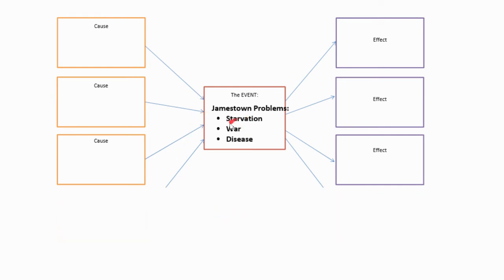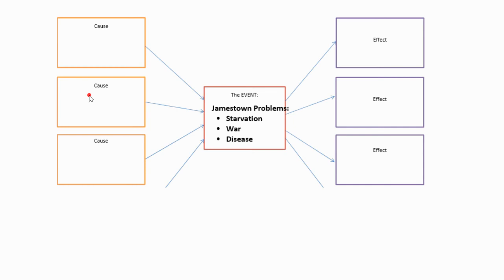And so you should have Jamestown problems, starvation. So, what were the causes? What caused the starvation according to the textbook? Start with paragraph 3 under founding Jamestown. And then, what were some of the results? War. You know that the settlers were often battling with the Native Americans there.